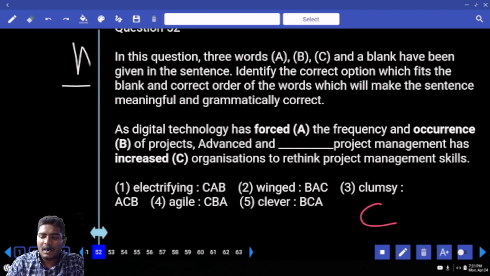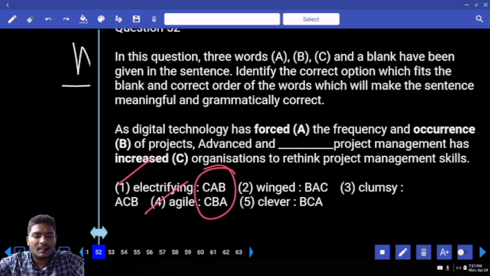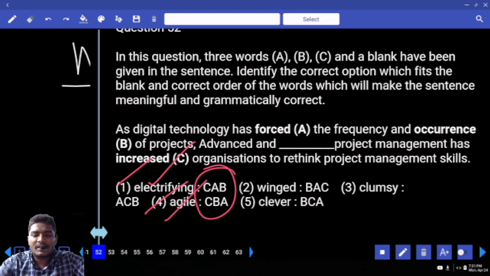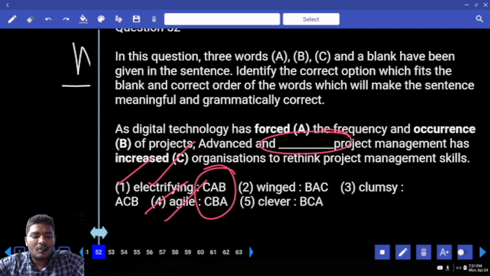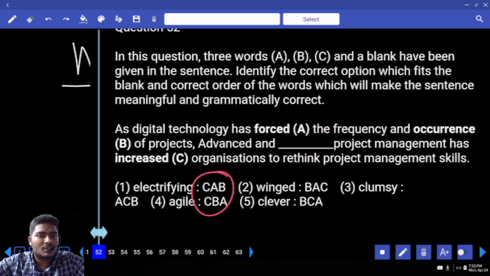How many C's do we have? First one and fourth one. Now you can go with CAB or CBA. You can also go with electrifying or agile project management. If you don't know the meanings, we have one help: check these two options.